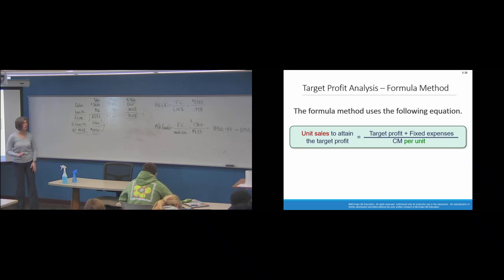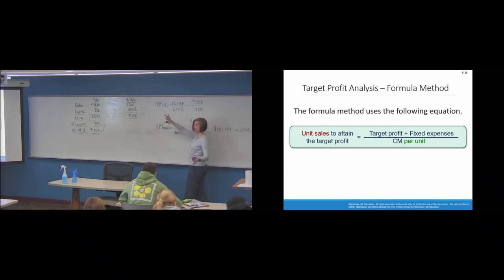Make sense? So if we modify this formula only slightly, we can figure out how many units we need to sell to achieve a target profit, and I'll call that TP for short. All I have to do is include it in the numerator, because my contribution margin now has to cover both.